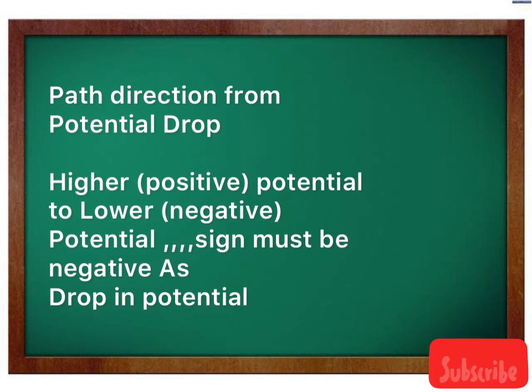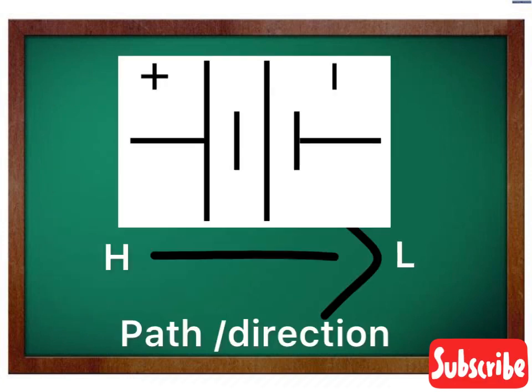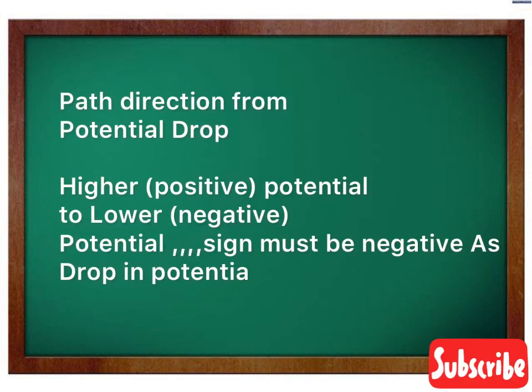Depending upon this direction, if your path is going from the positive terminal to the negative terminal, from higher potential to lower potential, then there is definitely a drop in potential. Clear? It means your potential is going from higher to lower.